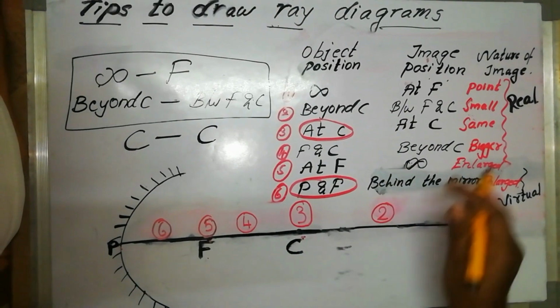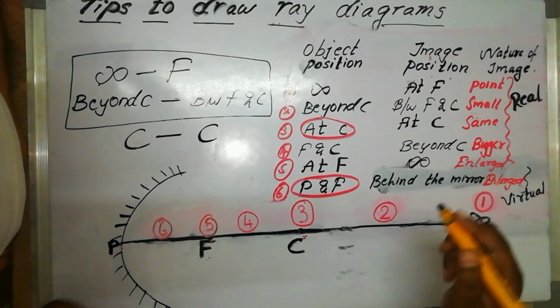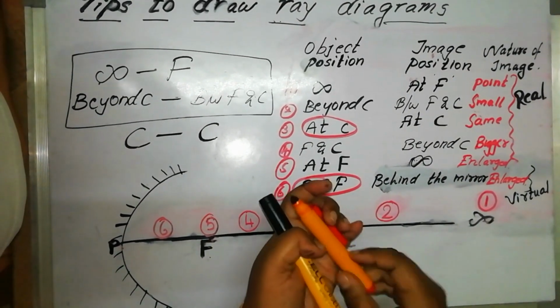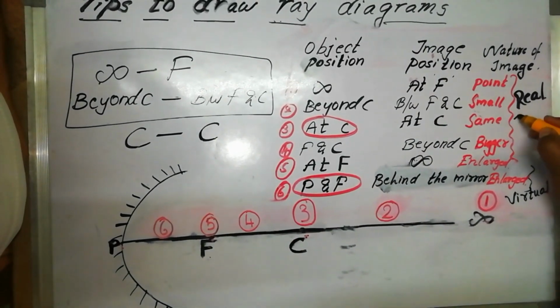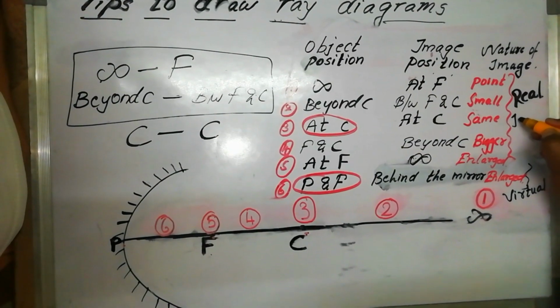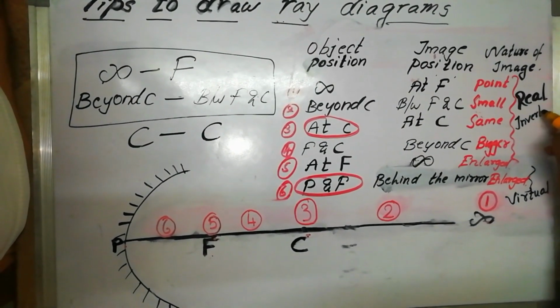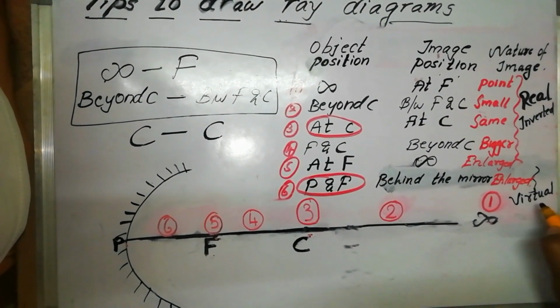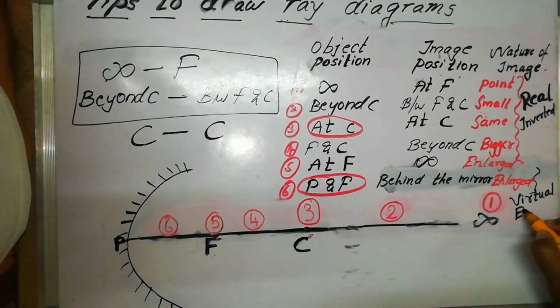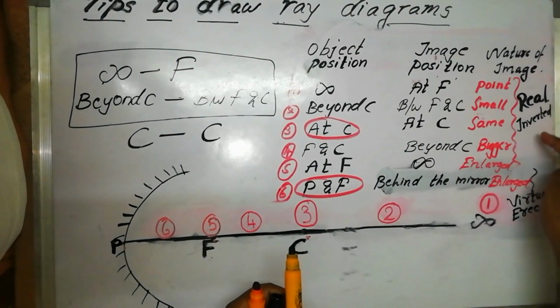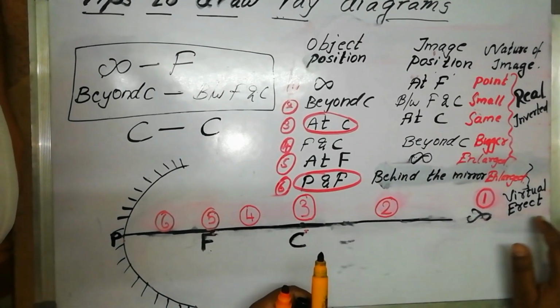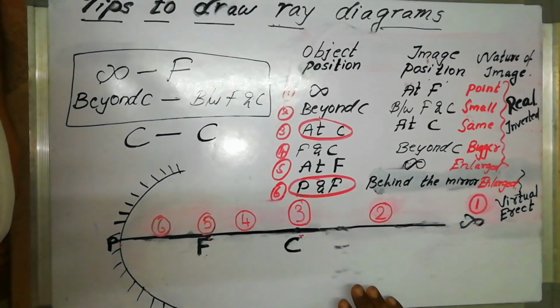In all these cases, the images are inverted, whereas only in the last case we will get an image that is erect. So in all these cases we get real and inverted images, and in the last case we will get a virtual image.